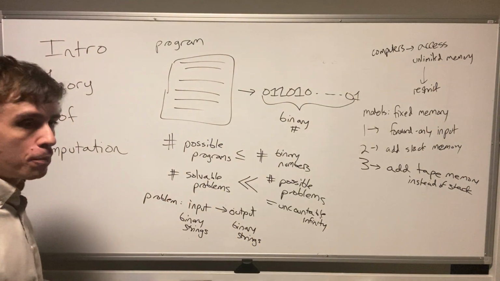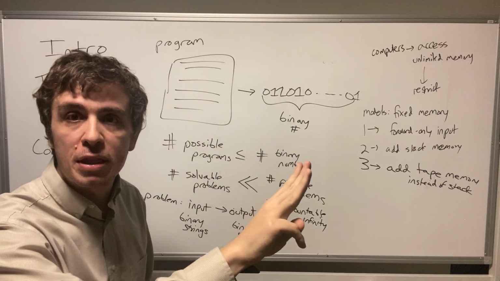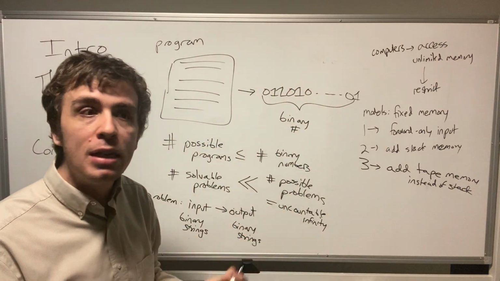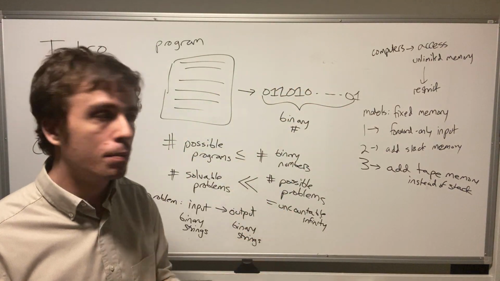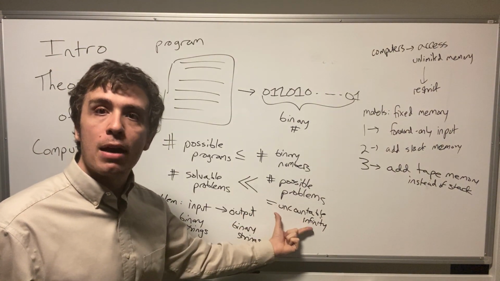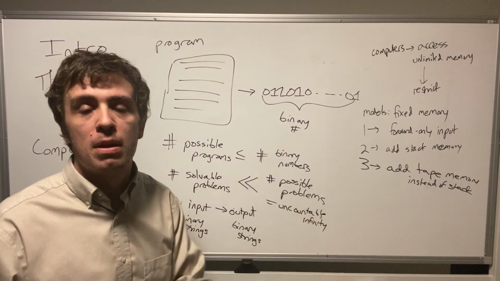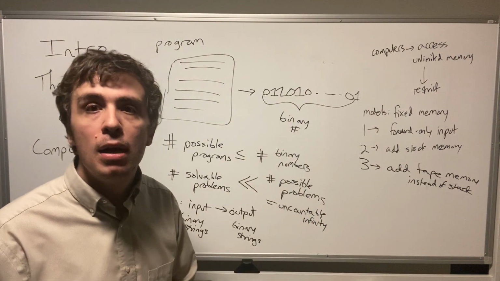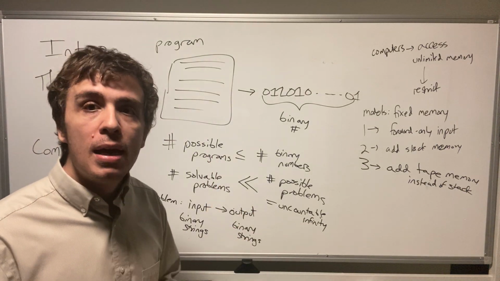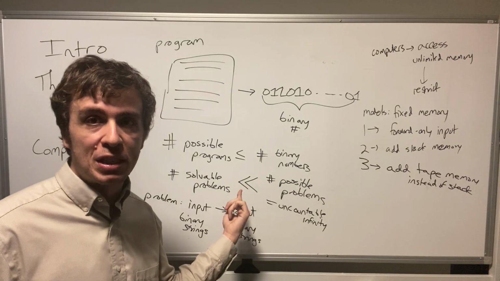For the solvable problems, I can tell you what the first one is, I can tell you what the second one is, the third one, the fourth one, the fifth one, all the way up. Any one that you're interested in, I will eventually get to. Whereas here, this is not possible. Uncountable means that it's literally not possible to list all of the possible problems in any order and guarantee to hit every single one. It's literally impossible. And if you happen to know Cantor's diagonalization argument, that's exactly what this is.